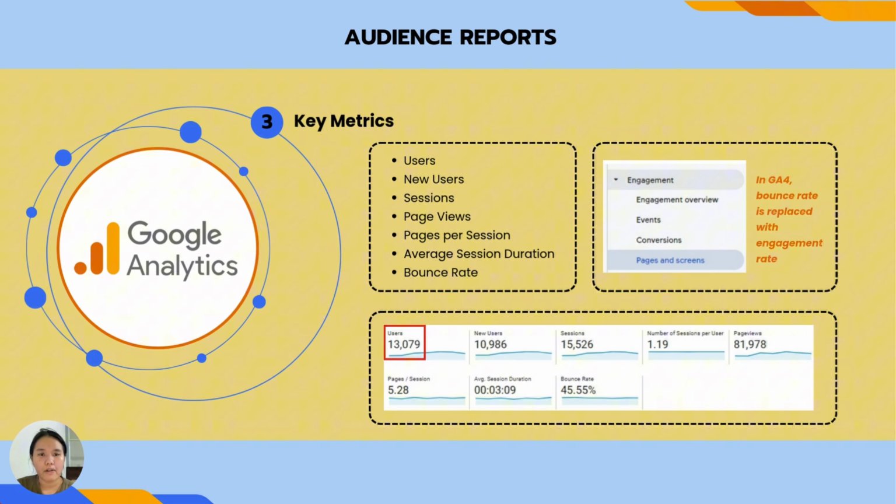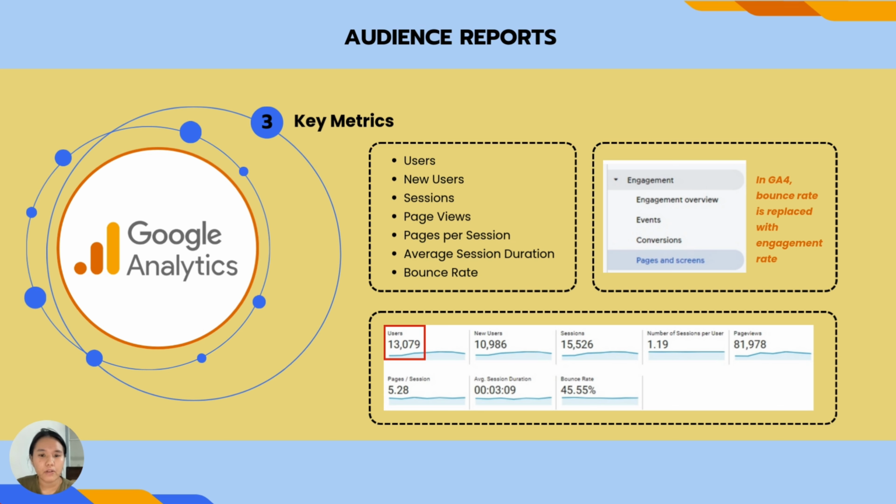Next, we talk about the key metrics. Here are some fundamental metrics: users, the total number of visitors; new users, first-time visitors; sessions, how many visits occurred; and page views, the total pages viewed. Then pages per session, the depth of engagement; average session duration; and the last one is engagement rate.